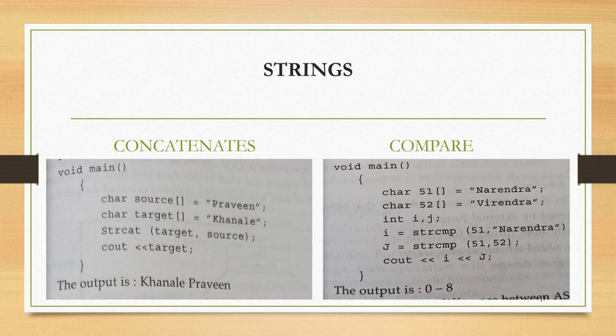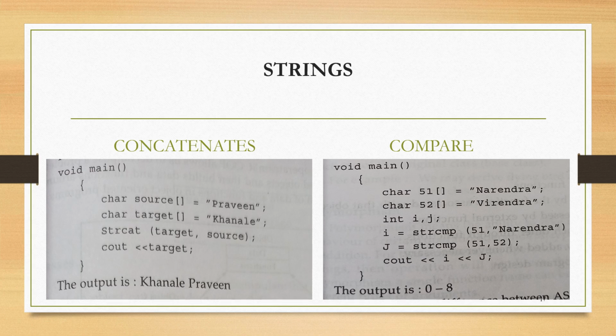The source has been added to the target. What was the target string? Khanale. This Khanale has come, and after that the source value, Praveen, has come. So it has extended the value; this value has become lengthier. So by strcat we can attach two different strings into one string. Okay, this is the string strcat.